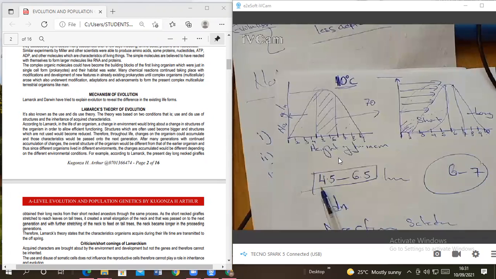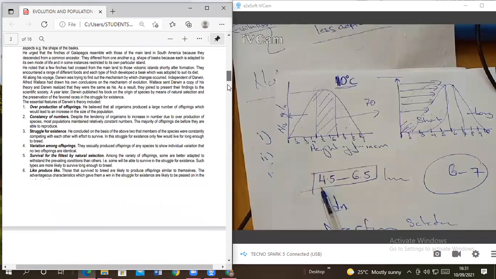Like in this example we have talked about, you're seeing on your screen. We can go even to the notes.